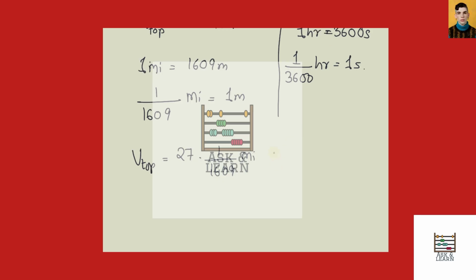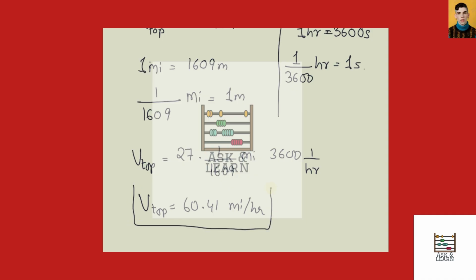So it will be 3600 per hour. So if I calculate this, I get this top speed as equal to 60.41 miles per hour. So this is the top speed in miles per hour. Now let us see the next part.